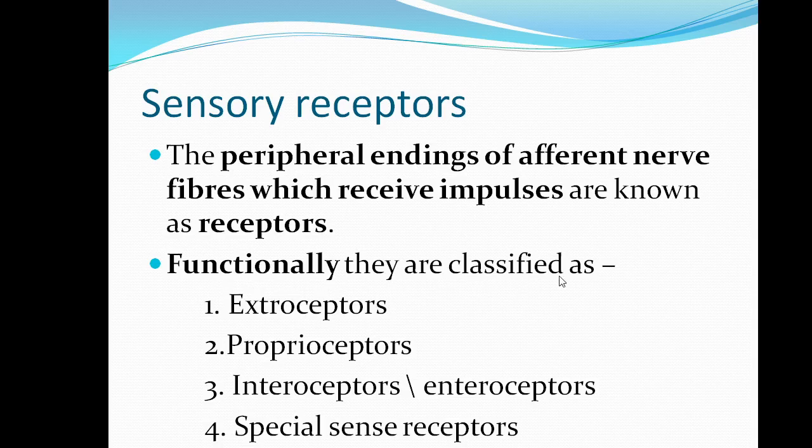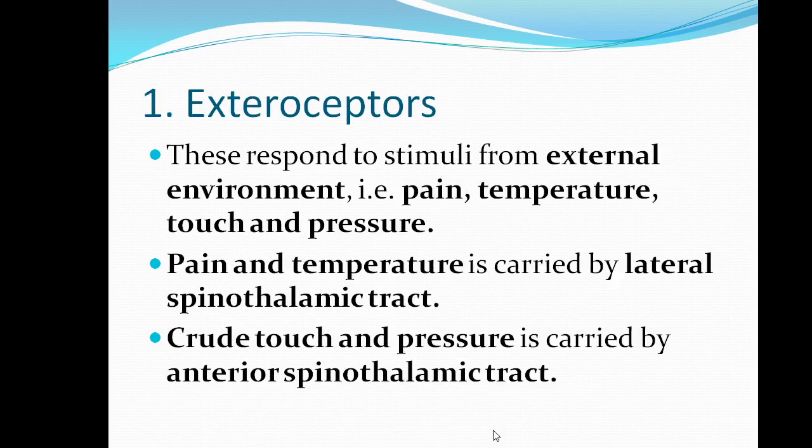Functionally, they are classified as exteroceptors, proprioceptors, interoceptors, and spatial sense receptors. The exteroceptors respond to the stimuli from the external environment, that is pain and temperature, touch and pressure.